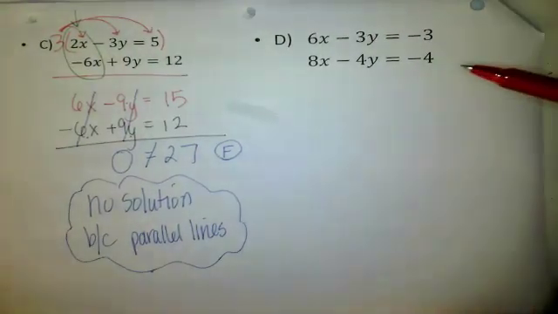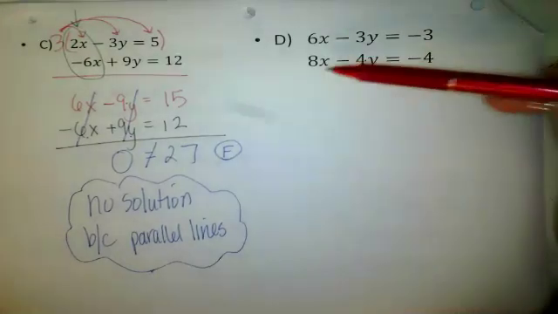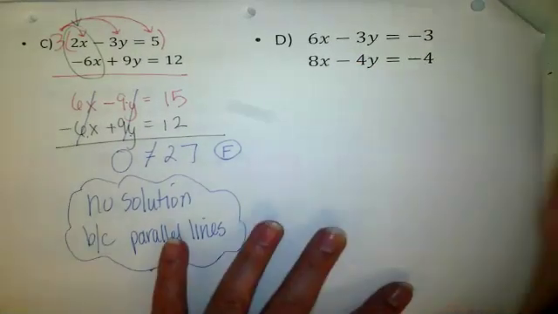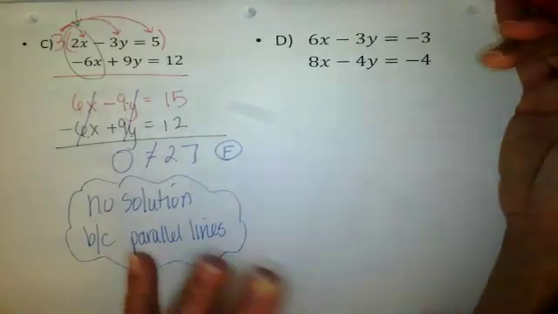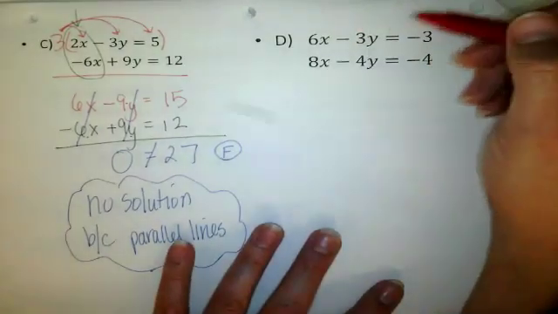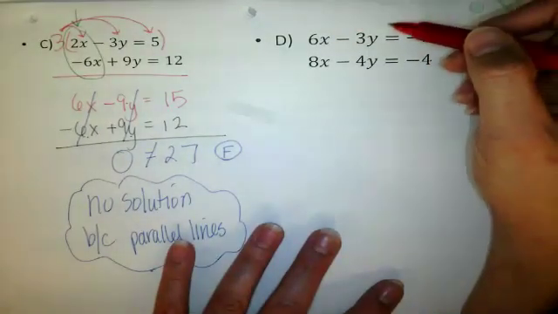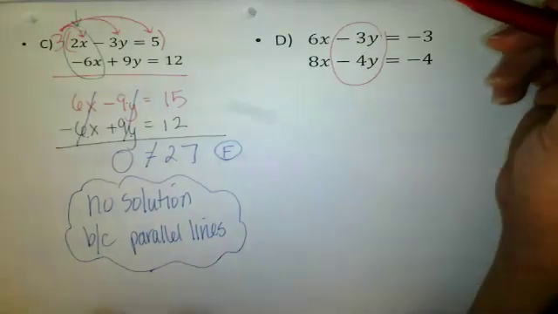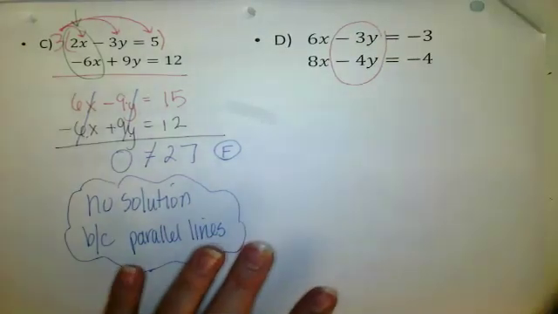6x minus 3y equals negative 3. 8x minus 4y equals negative 4. What should we do? Which numbers look better? Which column? Negative 3, negative 4. They're smaller numbers, right? And it technically is not going to matter, whatever you choose.